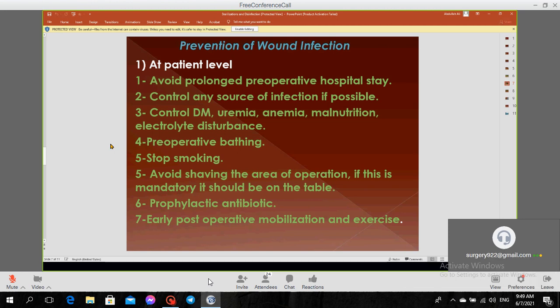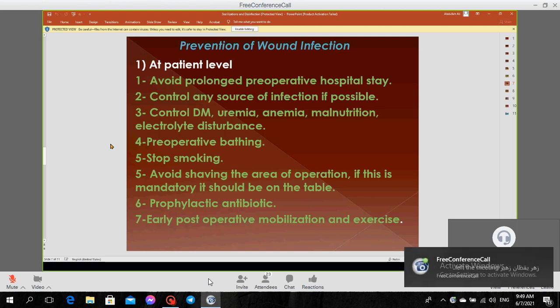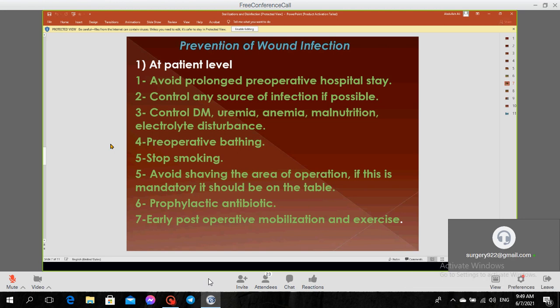One, at patient level, we avoid prolonged preoperative hospital stay. Why is that? Because we try to avoid nosocomial infection. Sometimes you admit the patient to the ward. Unfortunately, our wards are general surgical wards, so he may have a simple hernia repair.